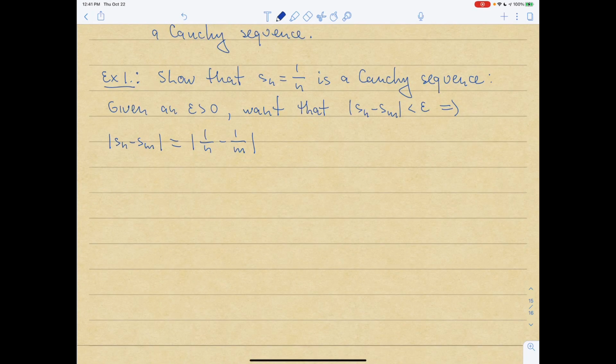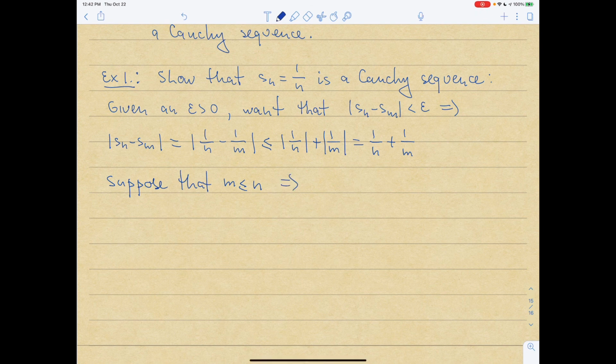Then by triangle inequality, this should be less or equal than the absolute value of 1 over n plus the absolute value of 1 over m, which is actually 1 over n plus 1 over m. And now I'm going to suppose out of these two numbers, one is going to be smaller. So let's suppose that m is smaller, so that m is less or equal than n.